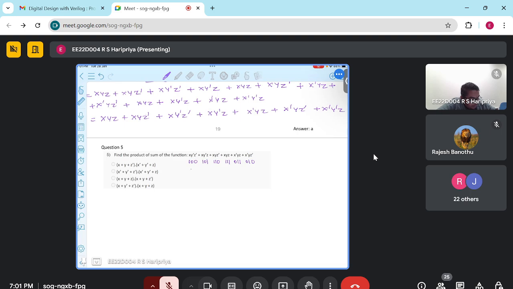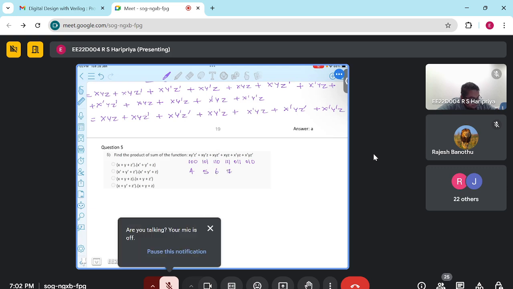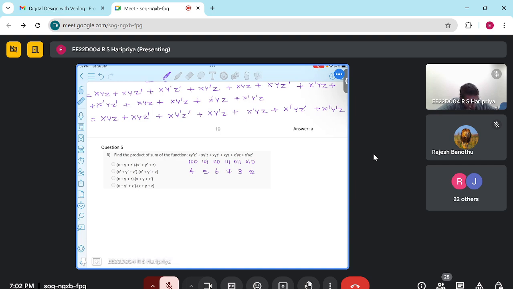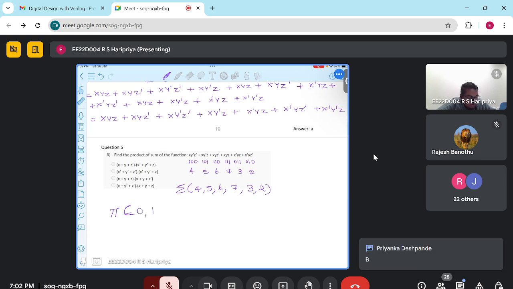So this is equivalent to 4, 5, 6, 7, 3 and 2. So this includes in the summation 4, 5, 6, 7, 3, 2. So the POS should consist of 0 and 1.